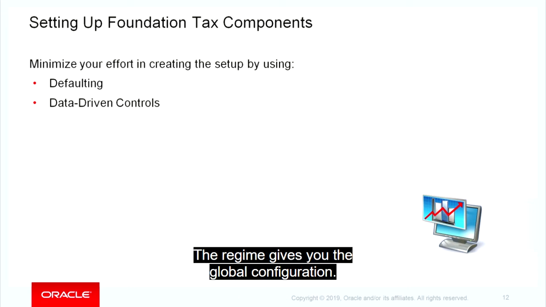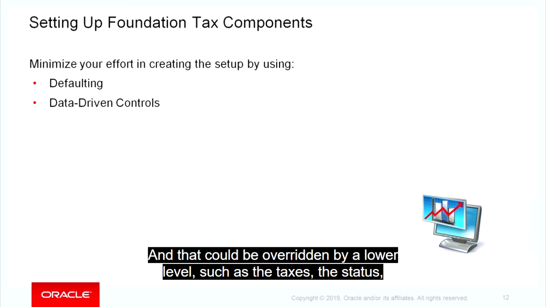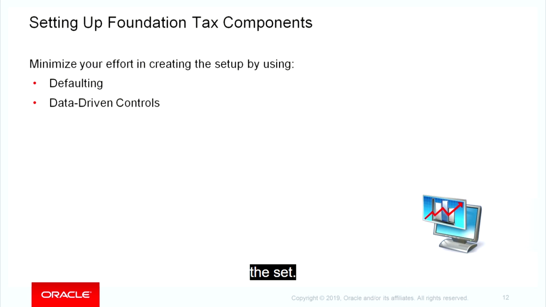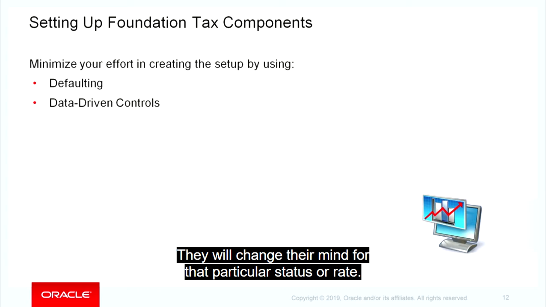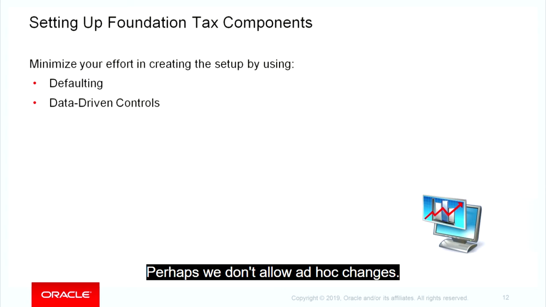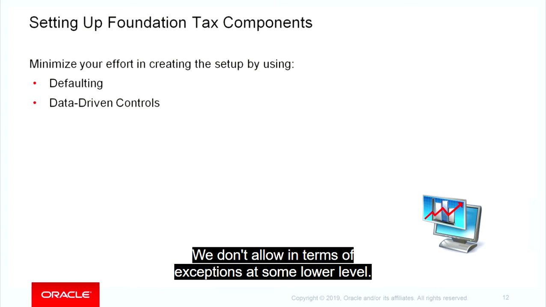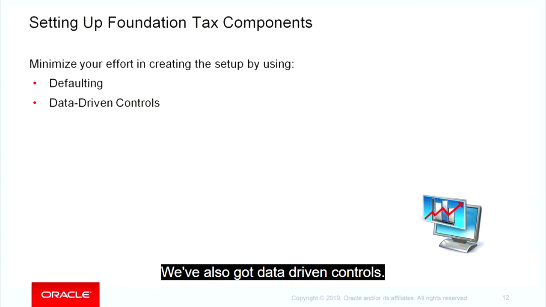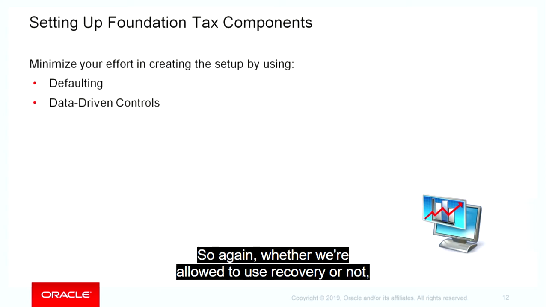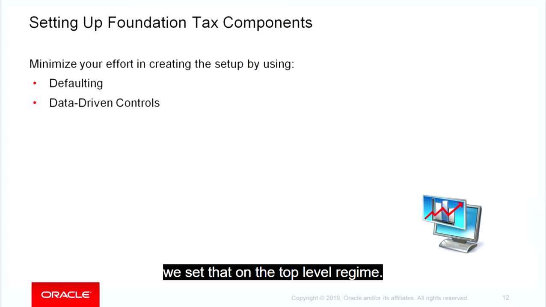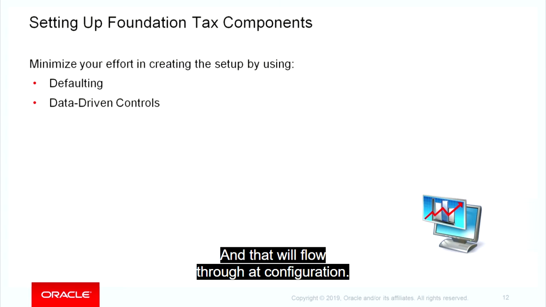The regime gives you the global configuration, and that could be overridden by a lower level, such as the taxes or the status, which can change their mind for that particular status or rate. Perhaps we don't allow ad hoc changes or exceptions at some lower level. We've also got data-driven controls. So whether we're allowed to use recovery or not, we set that on the top-level regime, and that will flow through our configuration.